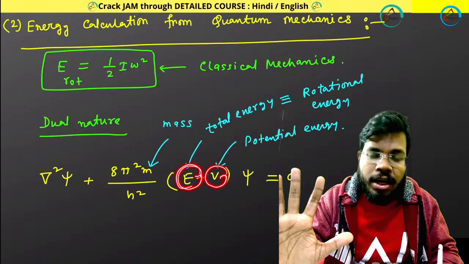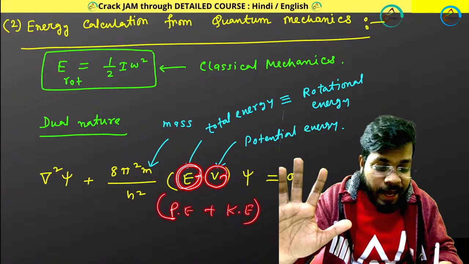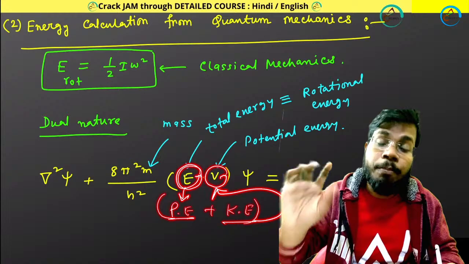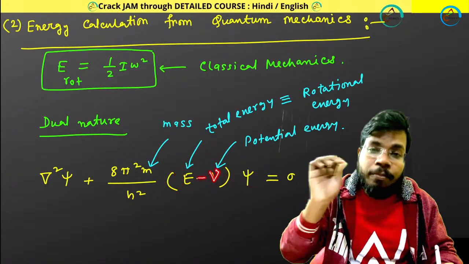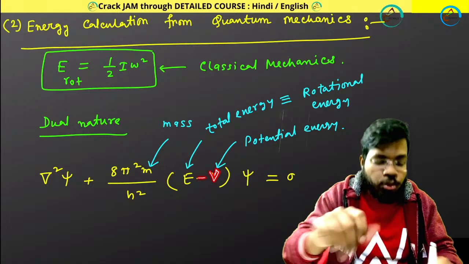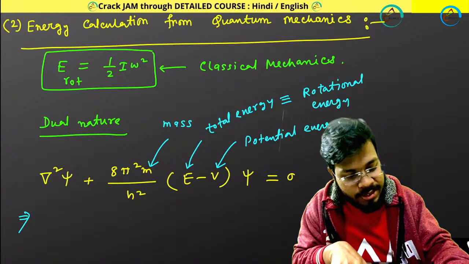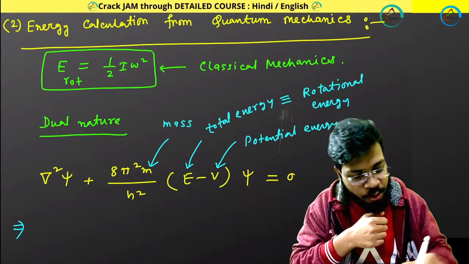So total energy means what? Potential energy plus kinetic energy. So here this E incorporates potential and kinetic energy, but V incorporates only potential energy. So from total energy, I am subtracting the potential energy. So if I do that, what would I be getting? I would be getting the value likely to be this kind of equation.